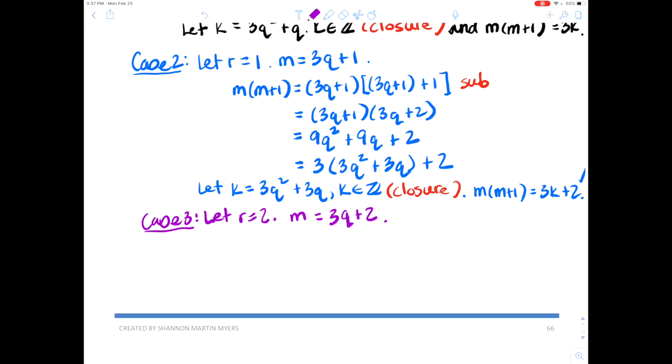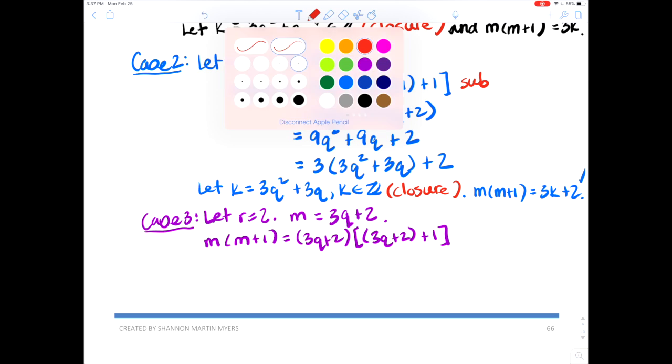So m times m plus 1 will be 3q plus 2 times 3q plus 2 plus another 1. And that is by what?